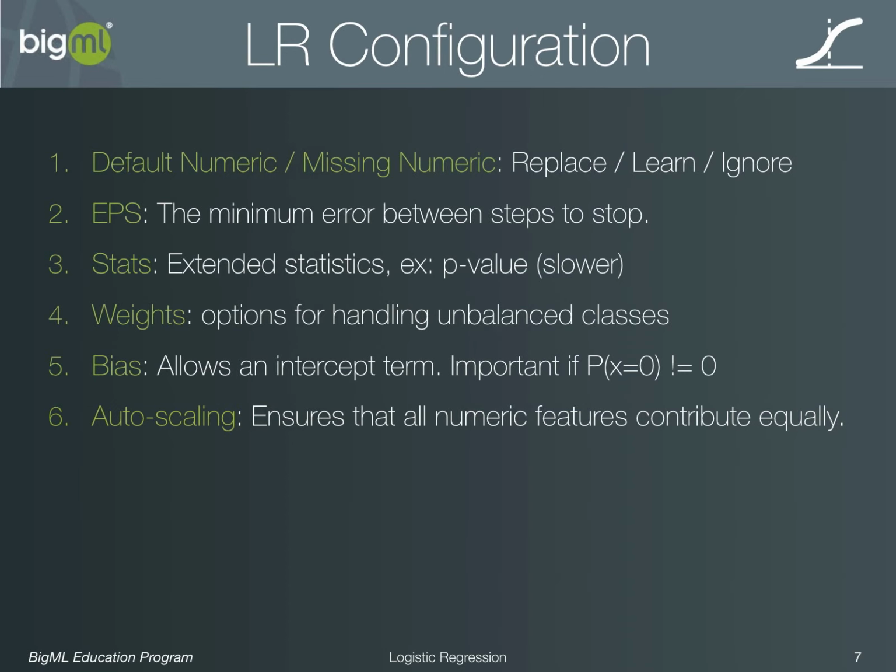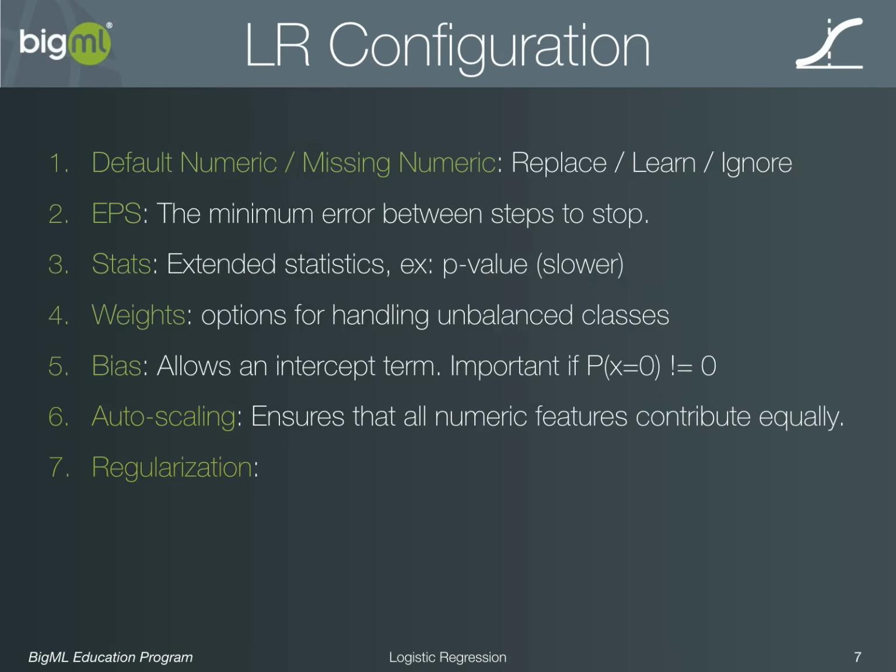In this housing example, the square footage would end up being much more important for predicting the outcome than the number of bedrooms. This is typically not the way numeric values should be treated, and so autoscaling is enabled by default. There may be unusual cases where this behavior of scaled numeric values is desired, in which case this option can be disabled.